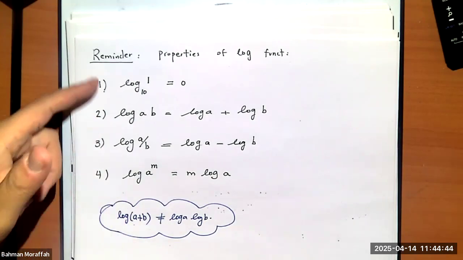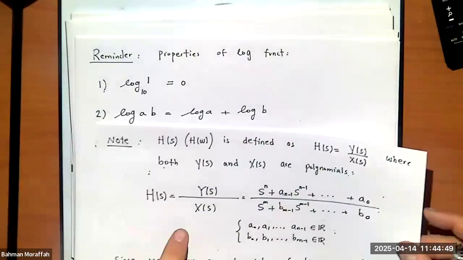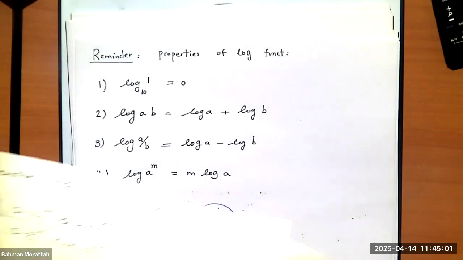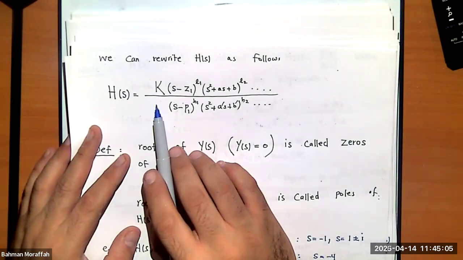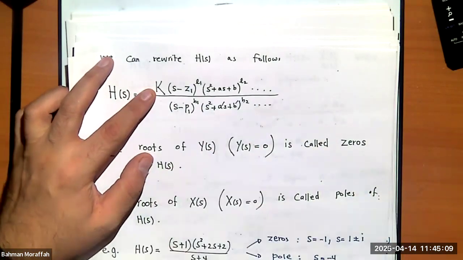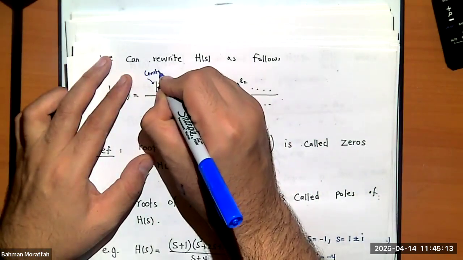With all these properties, look at this. If I take the log of this, I have log of a constant, which I know what it is.